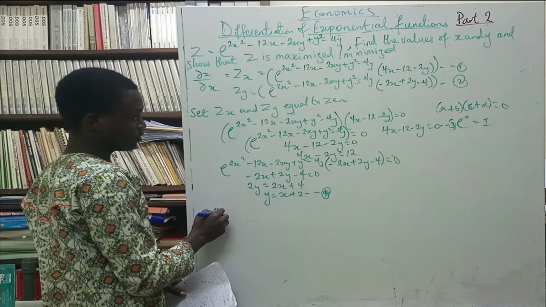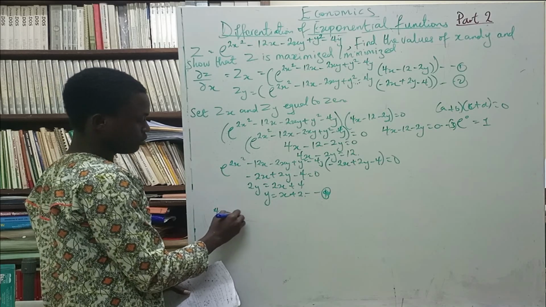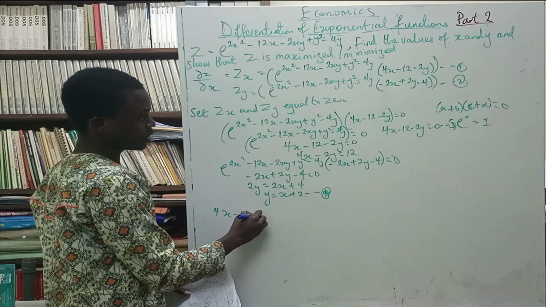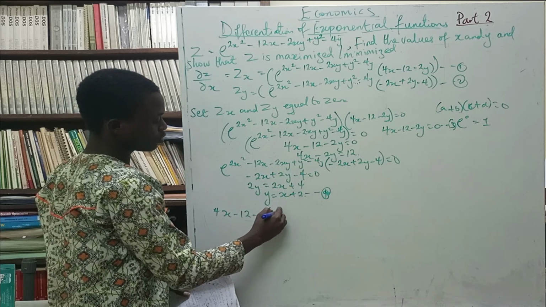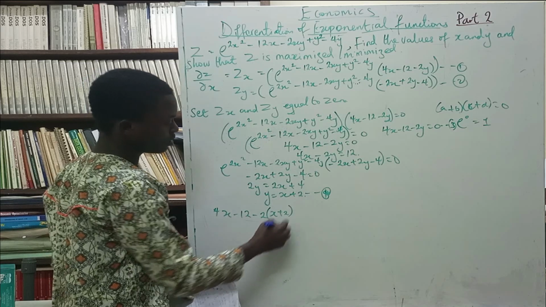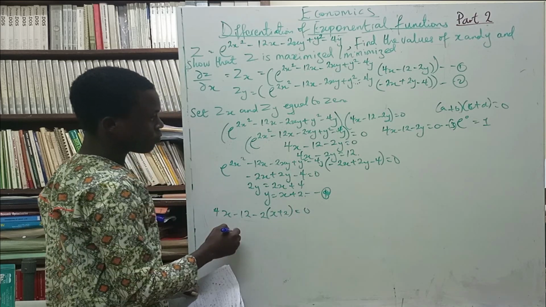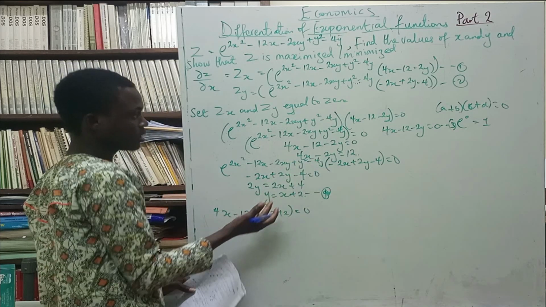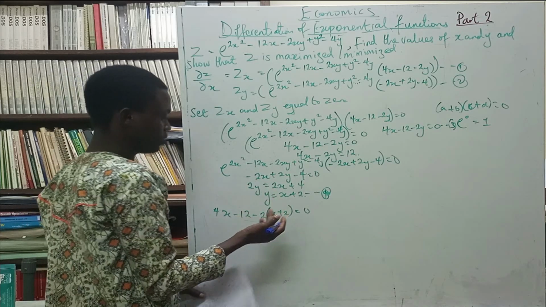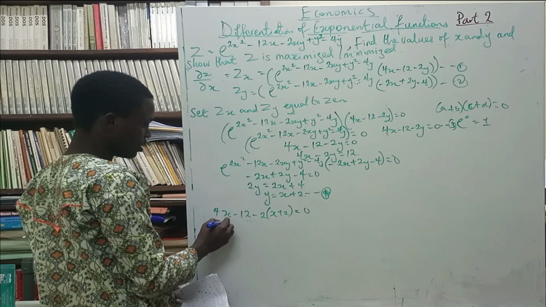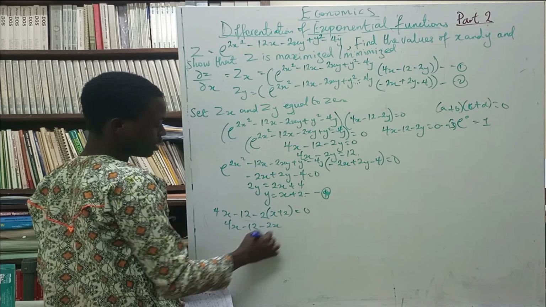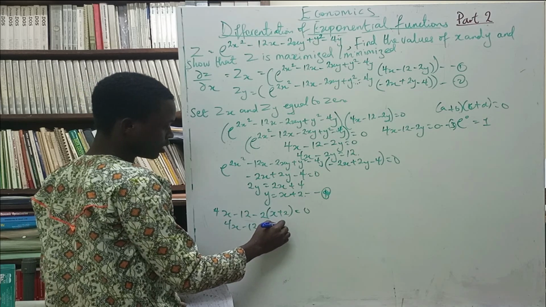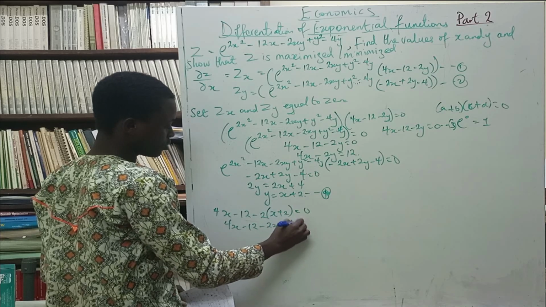Then we have 4x minus 12 minus 2, and instead of writing y, we write x plus 2, equals 0. So we have 4x minus 12 minus 2x minus 4 equals 0.